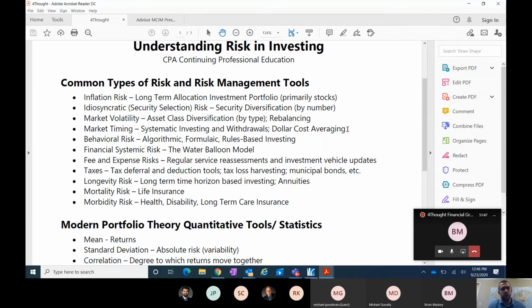All right. Okay. Next thing, behavioral risks. So behavioral risks are this. What it boils down to is leaving it up to the investor or portfolio manager or any human being, leaving it up to them to make decisions on the fly or with incomplete information, right?